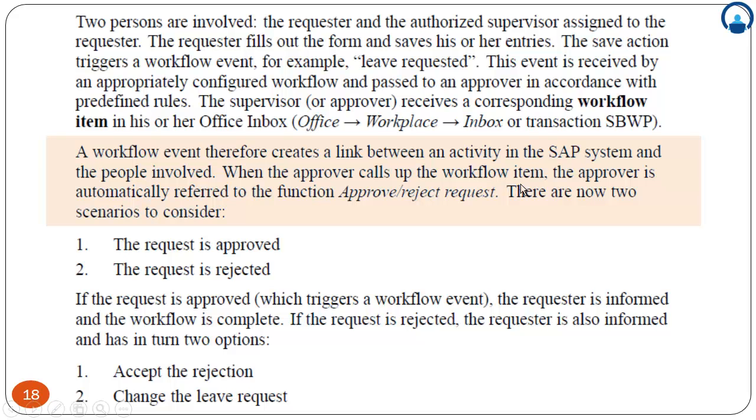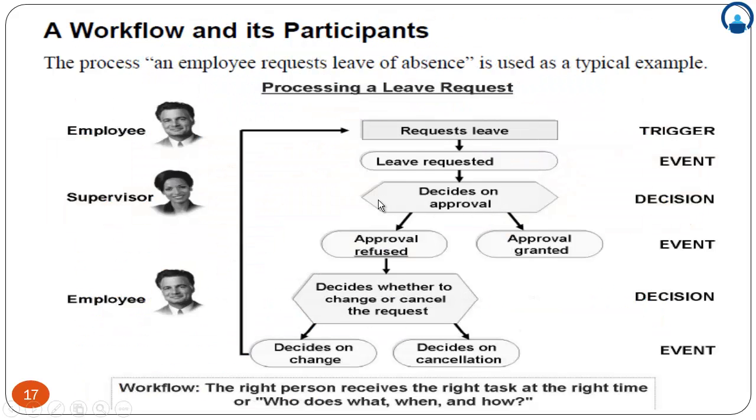When the approver calls up the workflow item, the approver is automatically referred to the function approve or reject request. So the SAP system will show the approver two buttons, approve or reject. There are two scenarios which the supervisor has to consider.